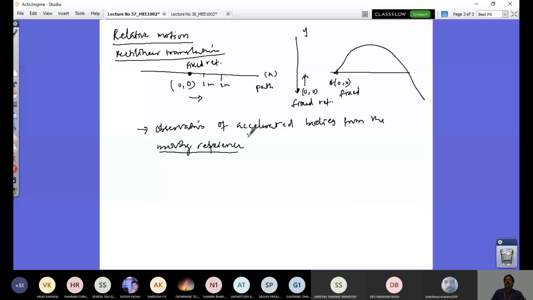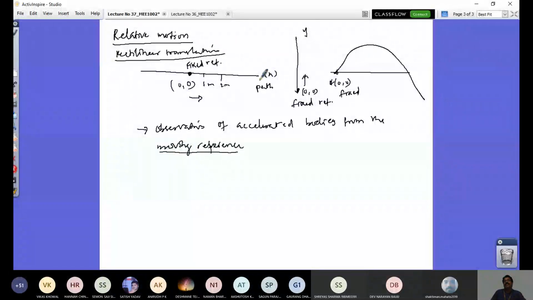If the moving reference is not accelerated, it is going in a straight line at a constant velocity, then it is the same as that of a fixed reference because it is not accelerated. But when you have a curvilinear motion, we looked at that even if velocity is constant, your acceleration exists. So anything that goes in a curved path is accelerated motion.